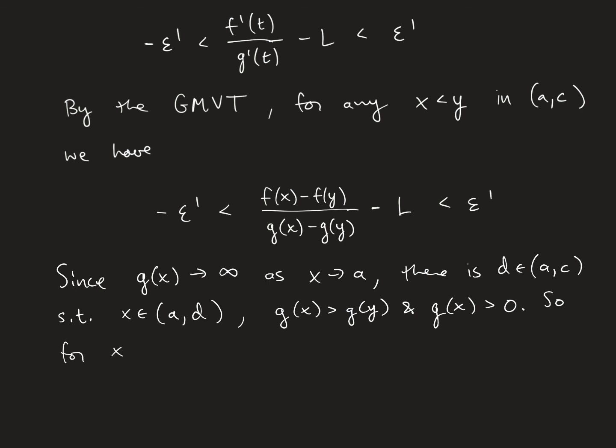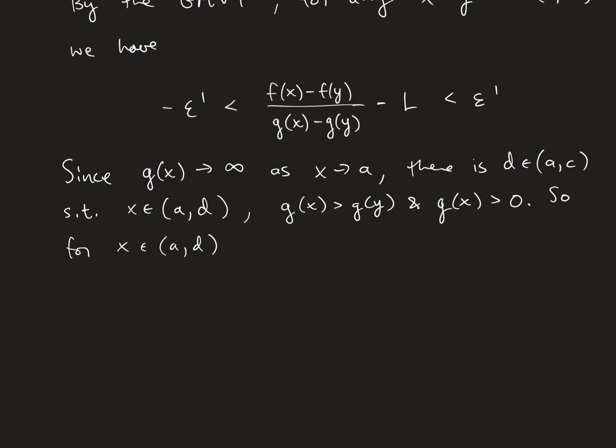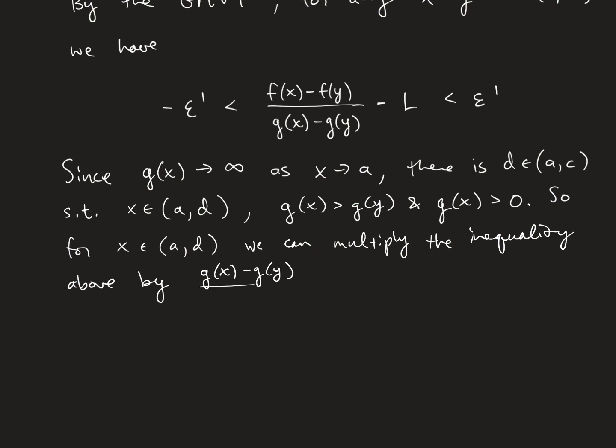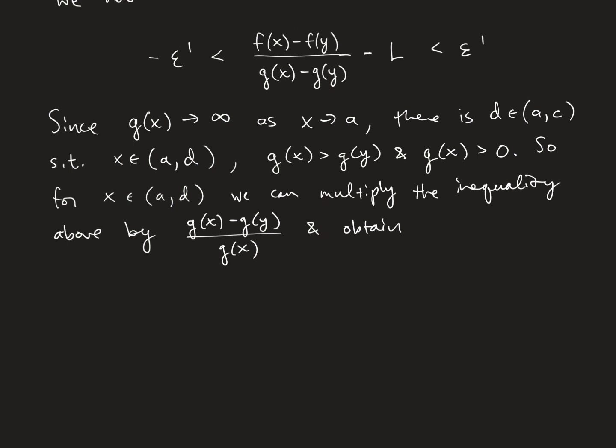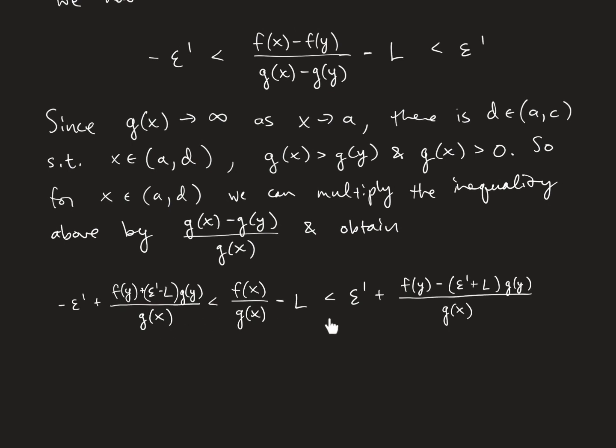So for x in AD, we can multiply the inequality above by g of x minus g of y over g of x and obtain, all right, so this is what you get after you do a bunch of simplification.